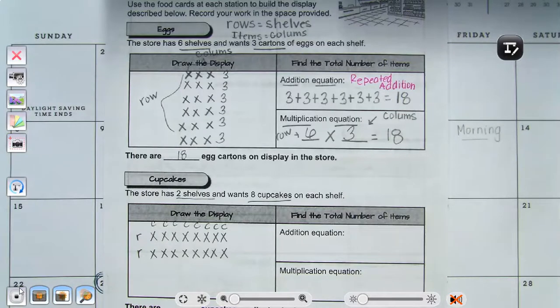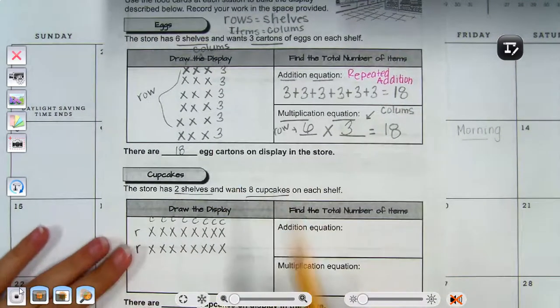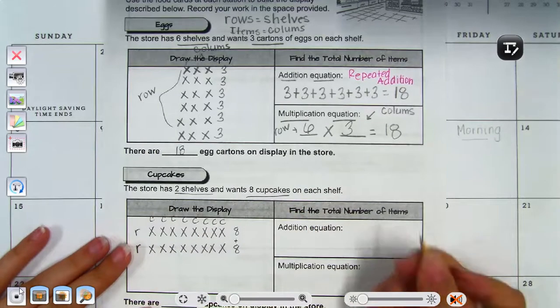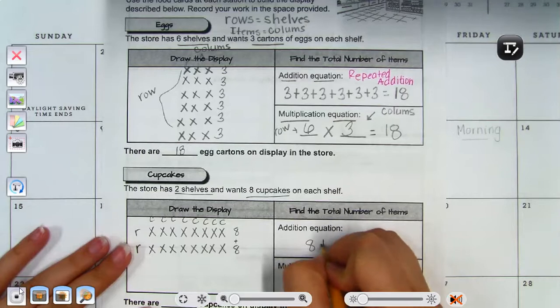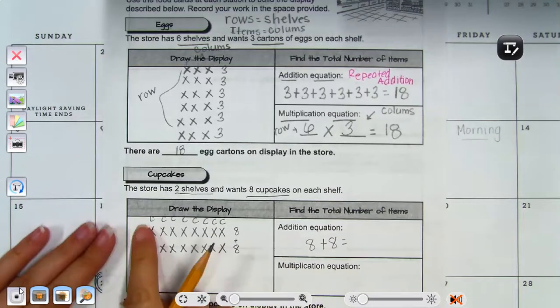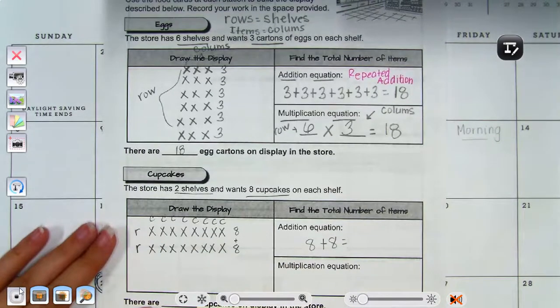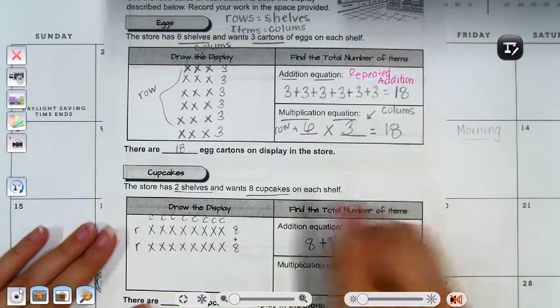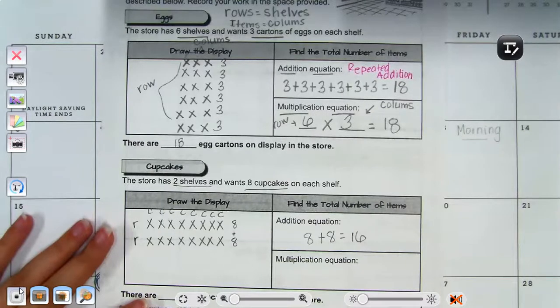Okay, so our repeated addition, guys, is where we're going to add the number of rows. So I know that each row has 8, so 8 plus 8. That's my repeated addition. I'm going to add 8 2 times because I have 2 rows. So that is 16. That's a doubles fact. Okay.